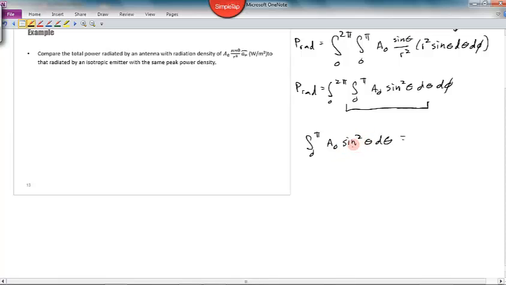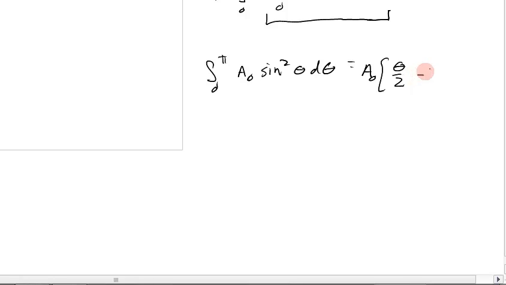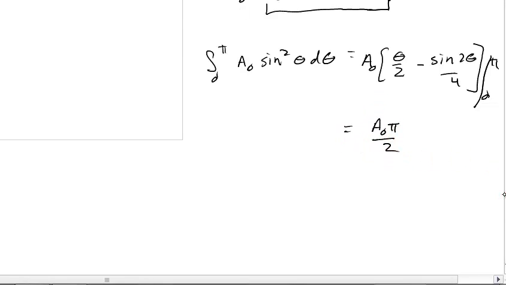If you remember that, you're better mathematicians than I am. I don't, but looking in a table of integrals, I found that it's A0 times theta divided by 2 minus sine of 2 theta over 4. Then, of course, I need to evaluate at my upper and lower bounds, pi and 0.